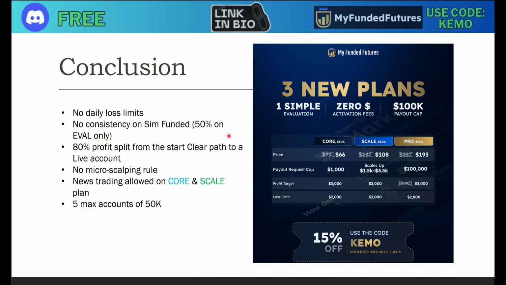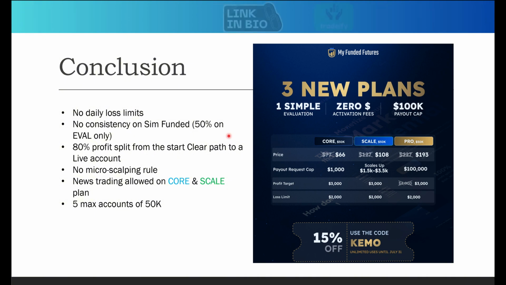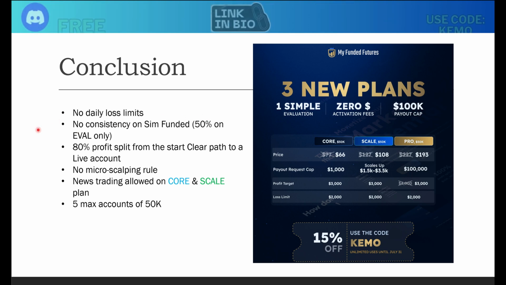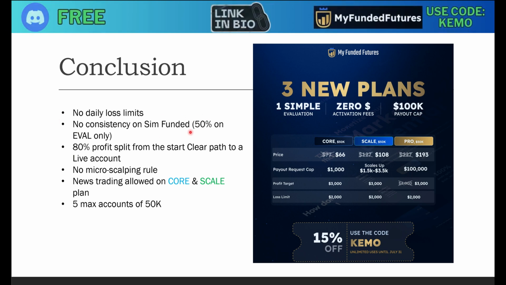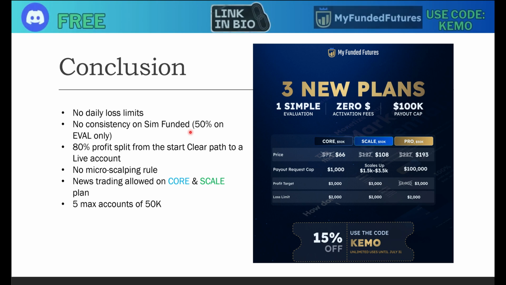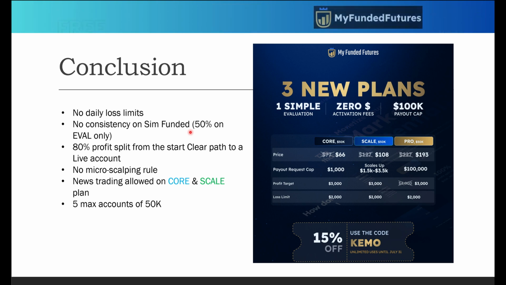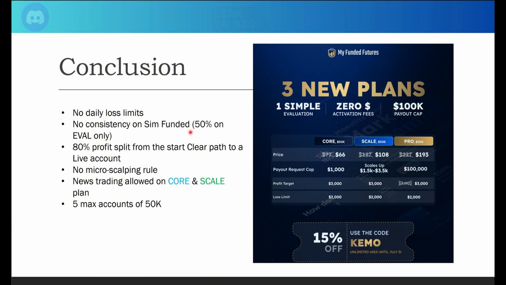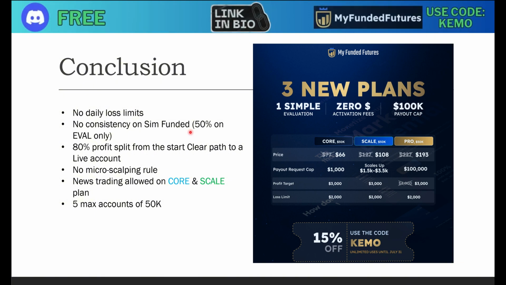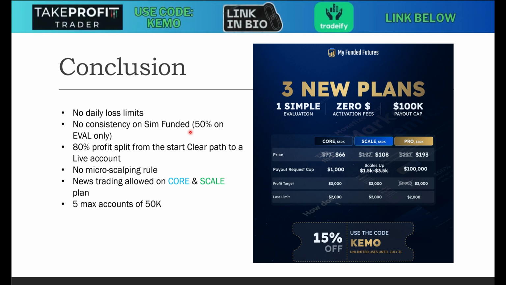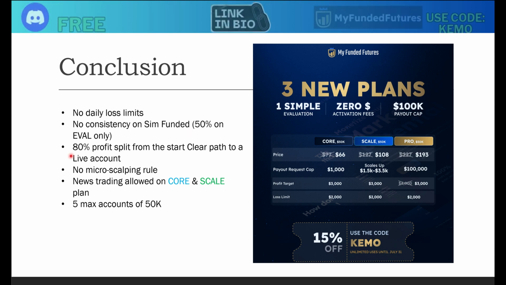So a quick overview of this revamp. There's no daily loss limit, no consistency rule on the funded or sim funded phase, and you have a 50% on the eval phase. So if you pass it in 2 days, you will get to the sim funded phase and you don't have any consistency rule anymore, which means you don't have any limits on the amount of profits that you can make every single day trading.